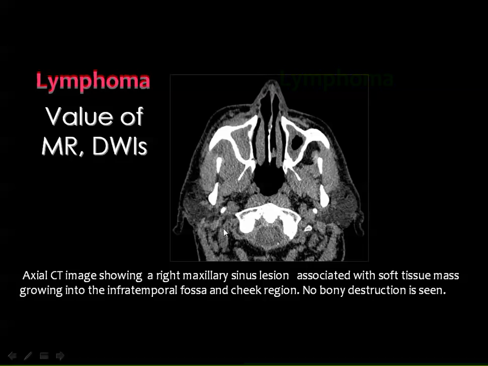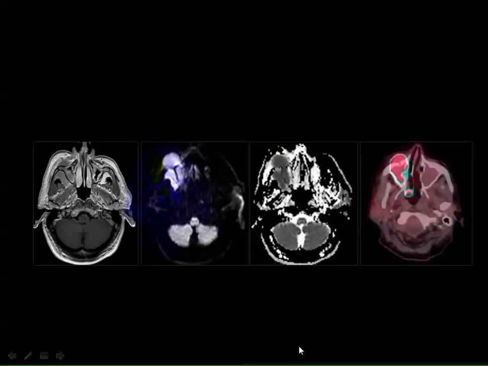This is a neoplasm, and I will sometimes mention the value of diffusion weighted images in the head and neck in general, and also whenever handling specific parts in the head and neck. But this is one of the examples.